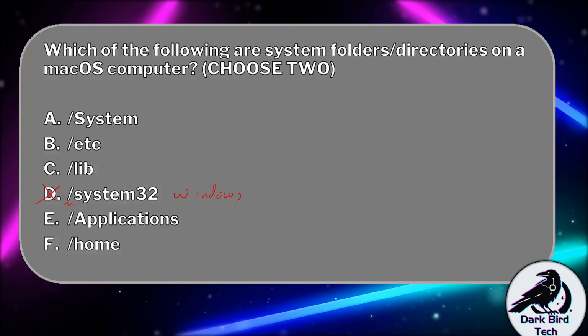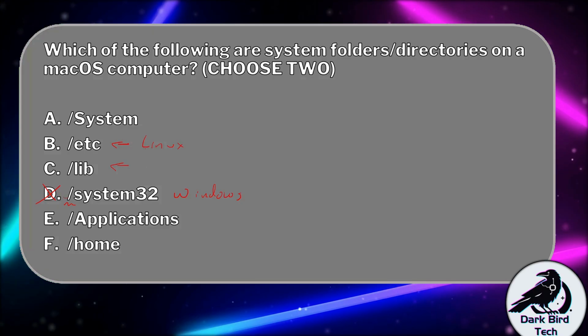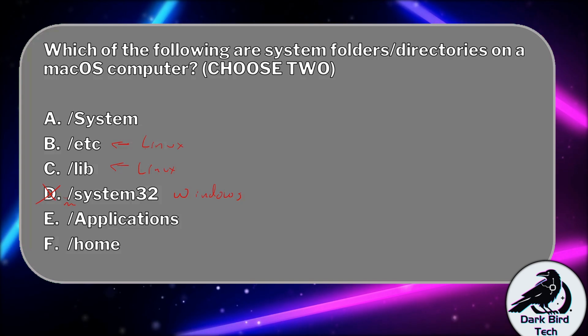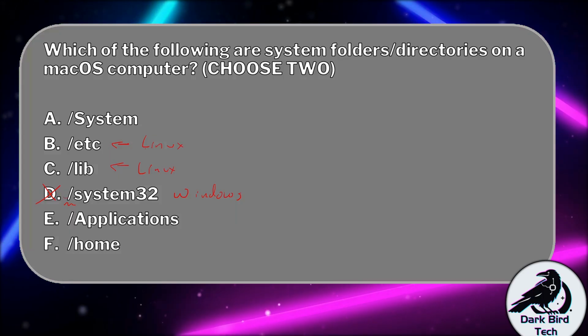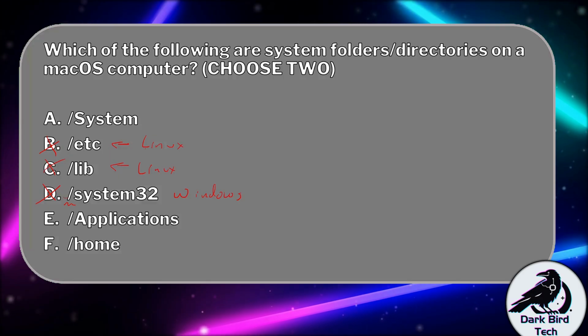That's not very easy to understand. In fact, both of these directories are from Linux. Linux follows the Unix ethos of keeping typing to a minimum. So everything gets abbreviated or turned into an acronym or something like that. So definitely not Apple-centric. Okay, so that leaves us with system and applications and home.